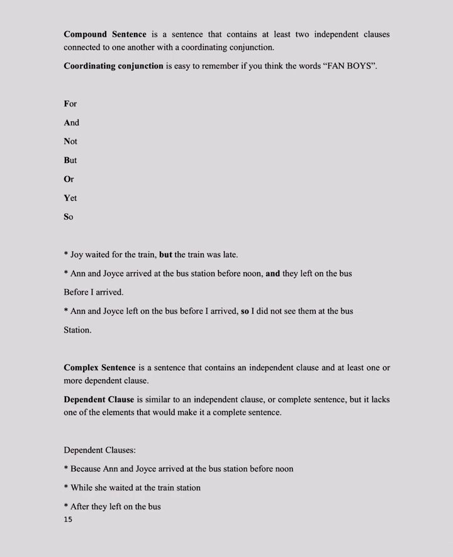A compound sentence is a sentence that contains at least two independent clauses connected to one another with a coordinating conjunction. Coordinating conjunctions are easy to remember if you think of the word FANBOYS: F for, A and, N nor, B but, O or, Y yet, S so.